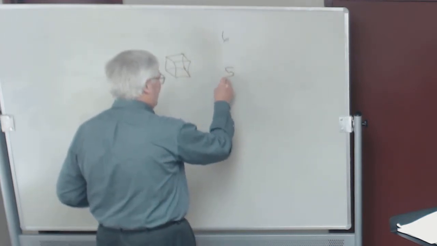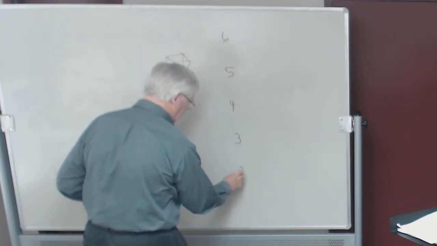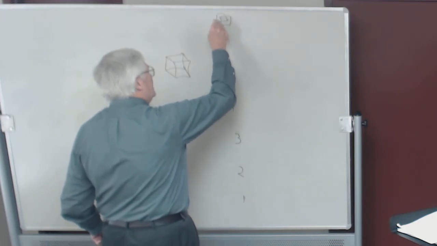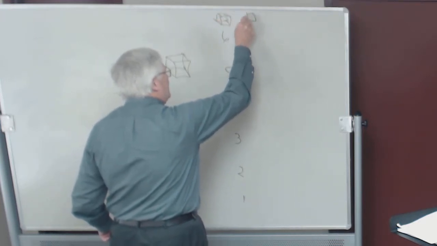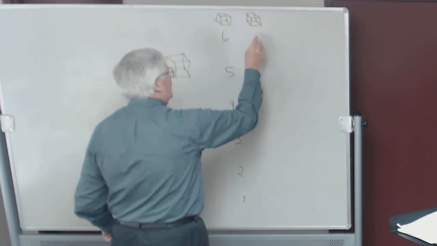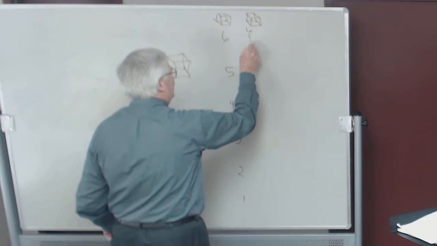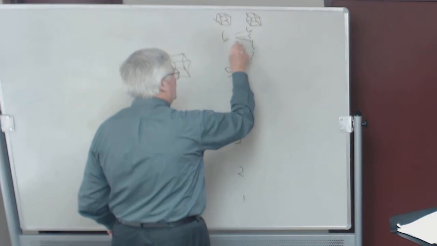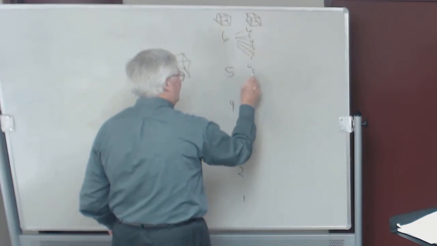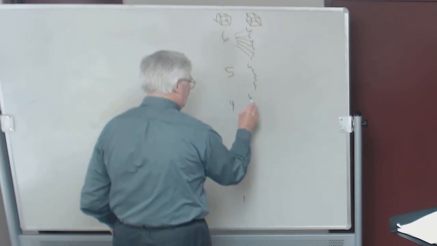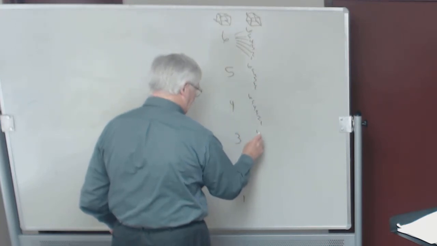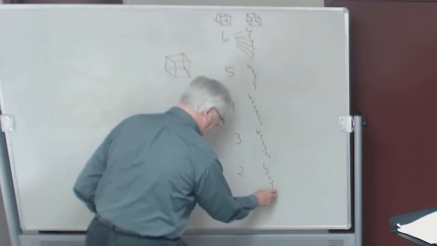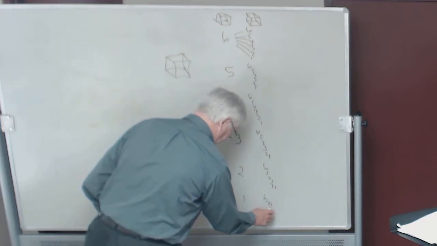And then with the second die, you could have 6, 5, 4, 3, 2, 1 for each of those.